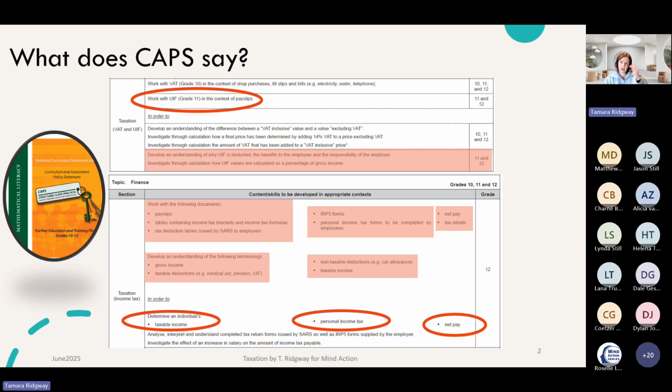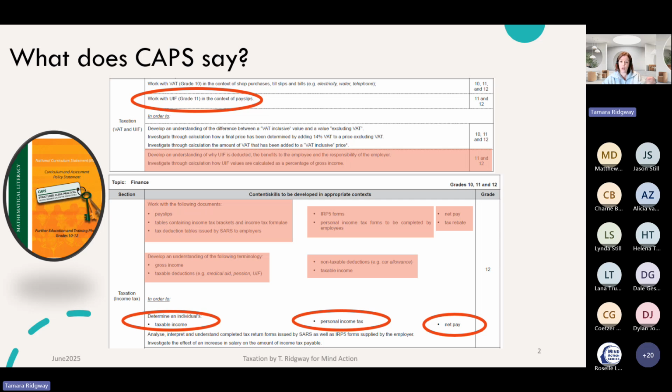Then it goes on to say that we must work with the following documents: pay slips, tables containing income tax brackets and the income tax formula, tax deduction tables issued by SARS, IRP5 forms, personal income tax to be completed by employees, net pay, and tax rebate.